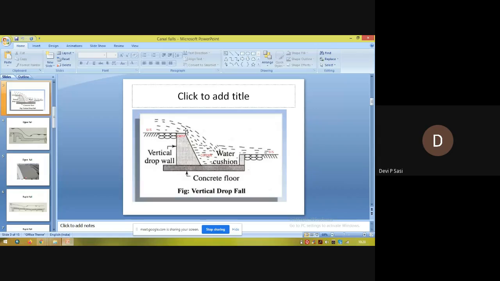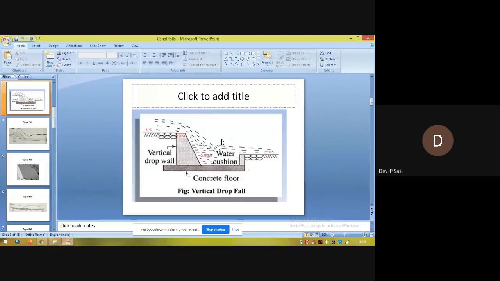Cistern means a portion where the surplus energy of the water leaving the crust is destroyed, and the length and depression of the cistern is given by standard equations.